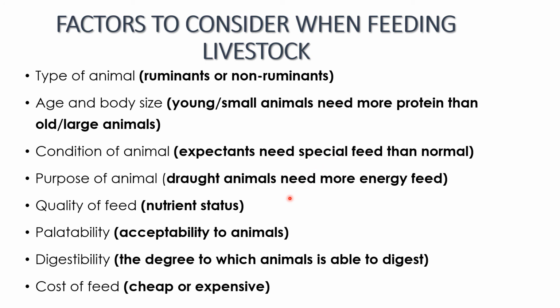Is it manageable for him to use expensive feeds, or maybe he should use the cheap feeds? It will depend on the capital availability, the amount of money available for the farmer to buy the feed.